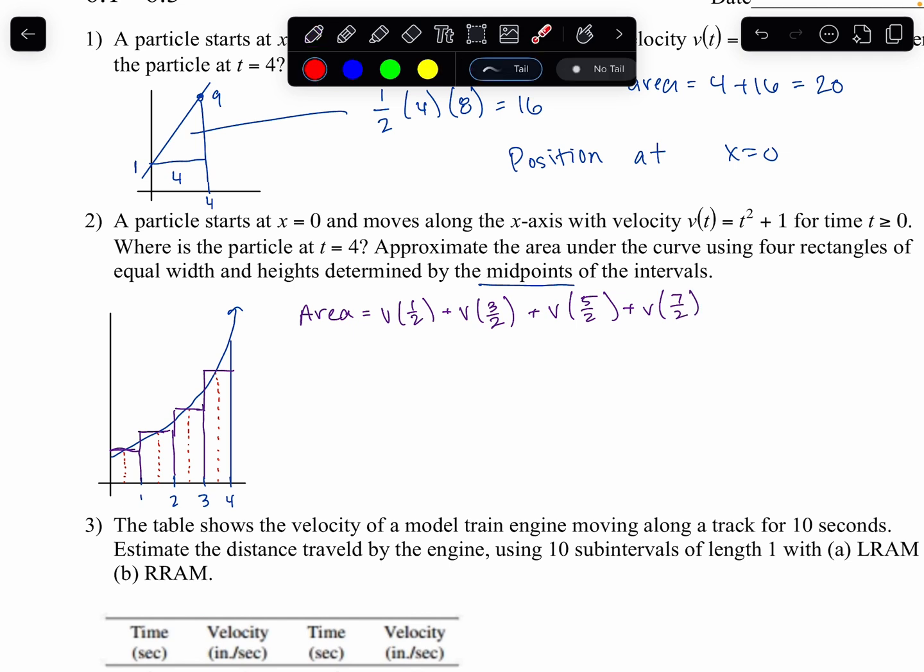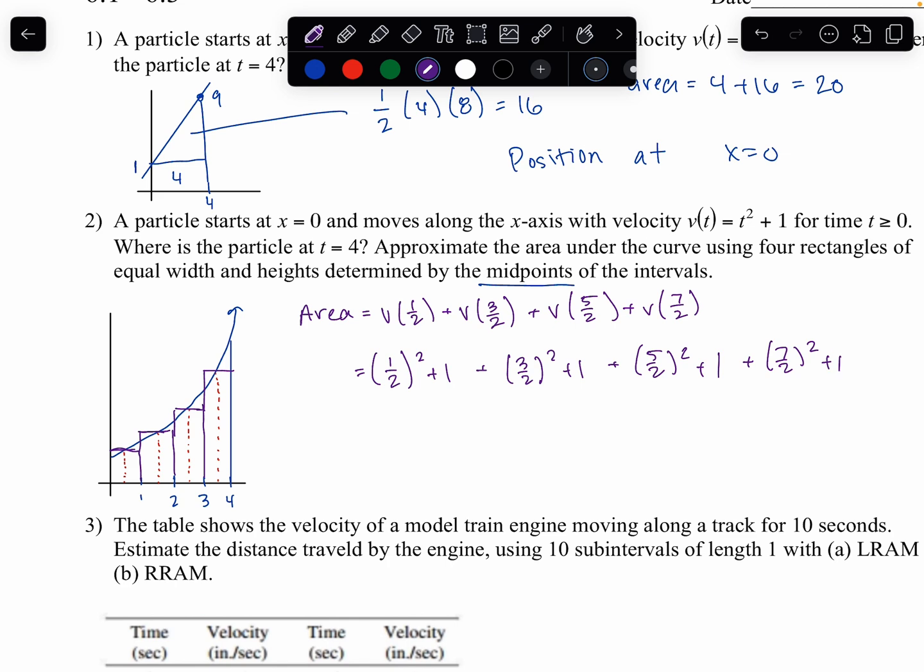And so if I plug all these values in here, that's how I'm going to get that. So that's going to be 1/2 squared plus 1 plus 3/2 squared plus 1 plus 5/2 squared plus 1 plus 7/2 squared plus 1.